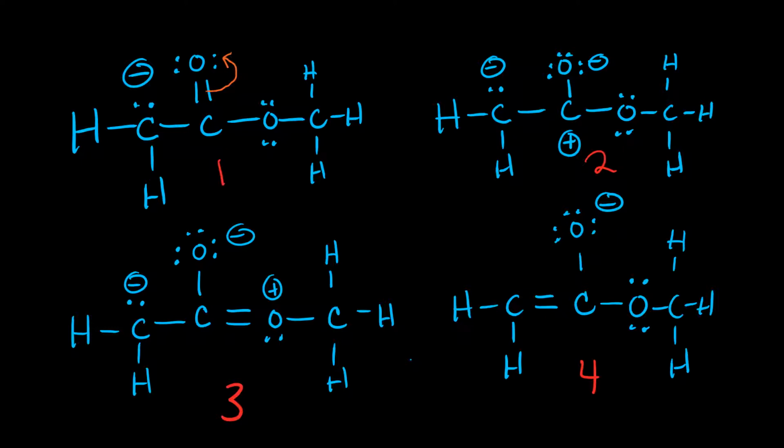Then going from structure 2 to structure 3, I'm going to resonate in a lone pair off of the oxygen on the right down to in between the carbon and oxygen. That also makes sense because that carbon with an incomplete octet very much wants another pair of electrons.